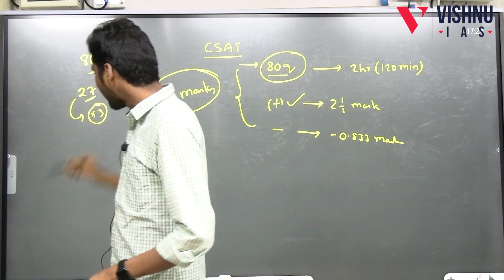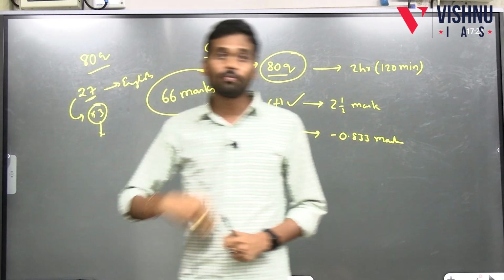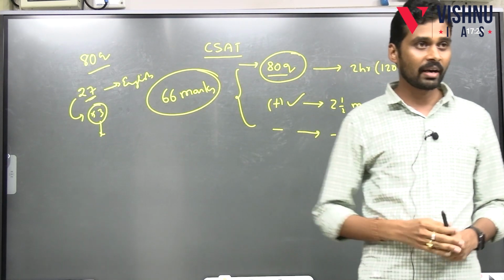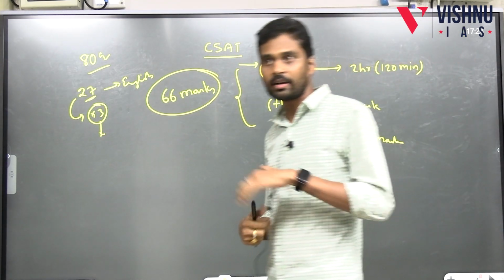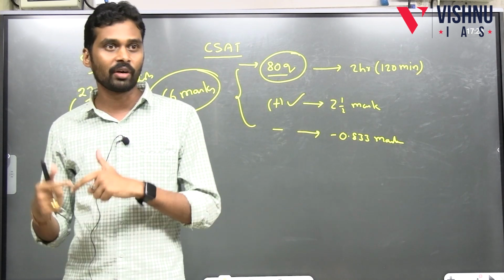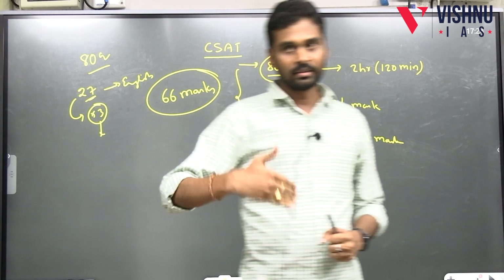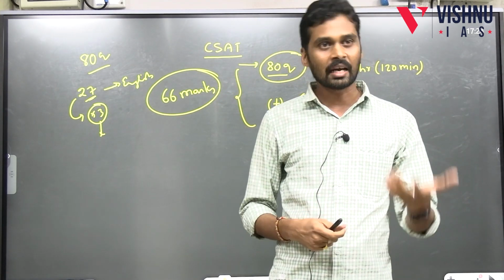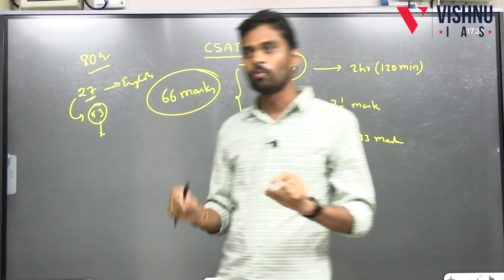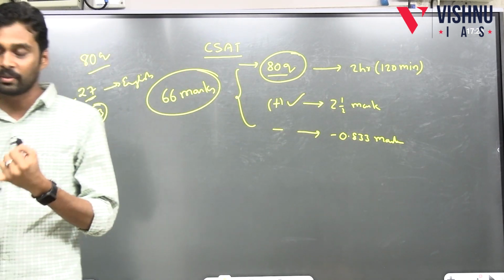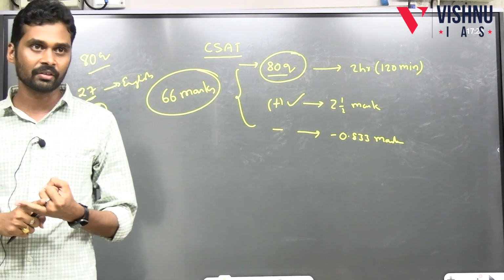In this maths part, when I started teaching for CSAT 23, I started in 22. I would confidently say that most of the questions will come from number system and permutations and combinations.